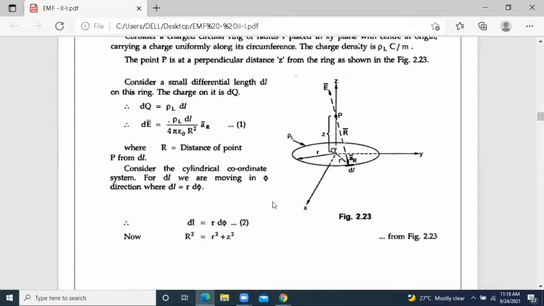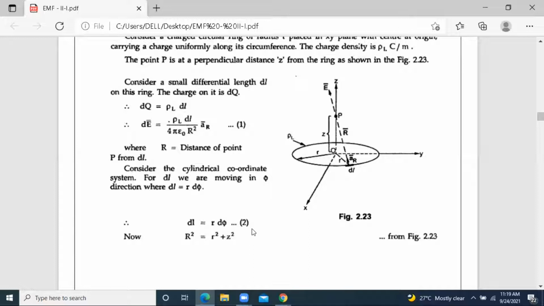So dL, which would be your segment of the circumference, would be R, and your d phi would be 2 pi over 4. Right?